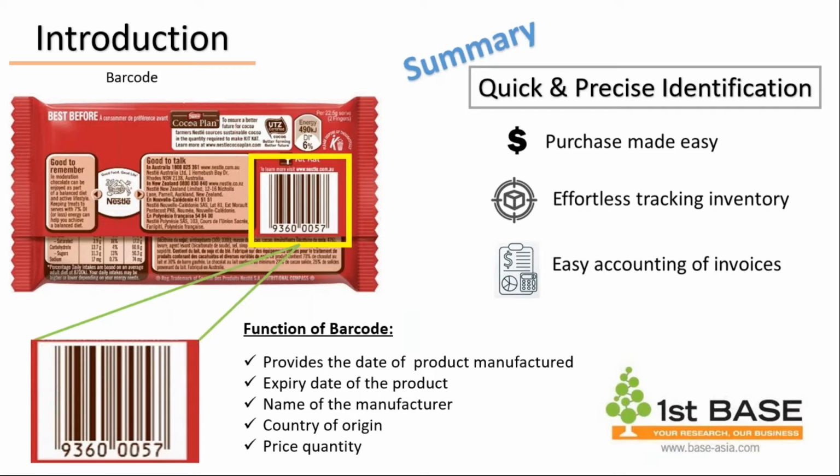And then all the information regarding the item, like the manufacturer, the expiry date, and the price of the item, will be input into the computer of the cashier. This makes your purchase fast and easy. So what a barcode gives you is the information of the item, right?